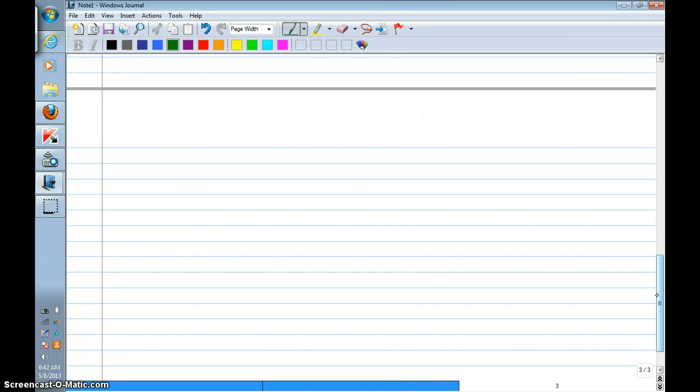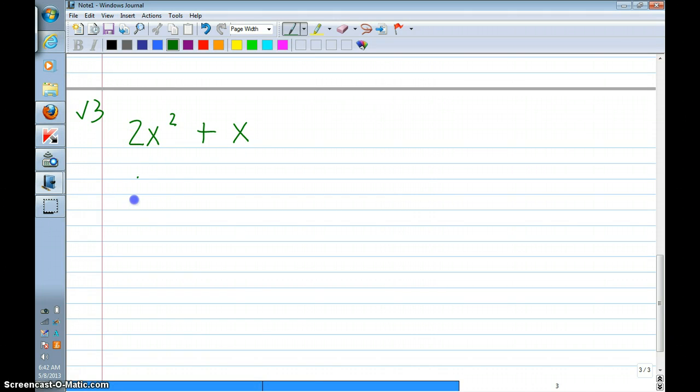Example 3 is a little bit different. They say write them as a product of 2 factors now. This is the first one for check 3: 2x squared plus x. What you want to do first in these, as you can see up in the example, is to write the prime factorization.